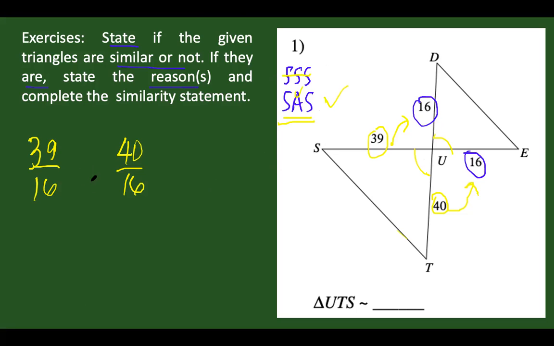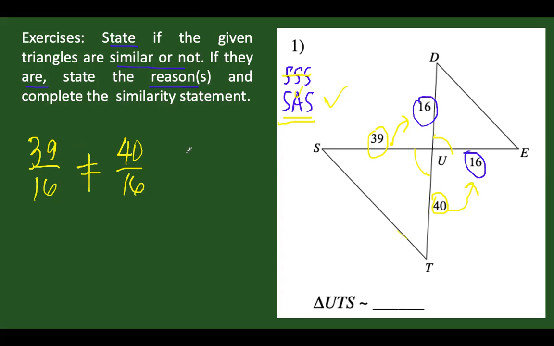Let's identify if they are proportional. In this case, 39 over 16 and 40 over 16. Since the denominators are equal and the numerators are not equal, these ratios are not equal. So we could say that they are not proportional because the ratios are not equal.